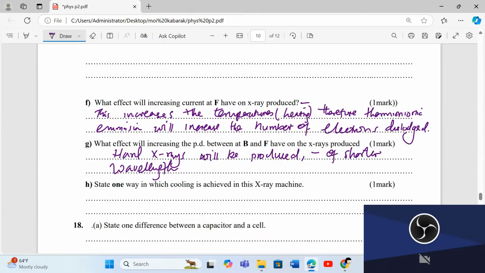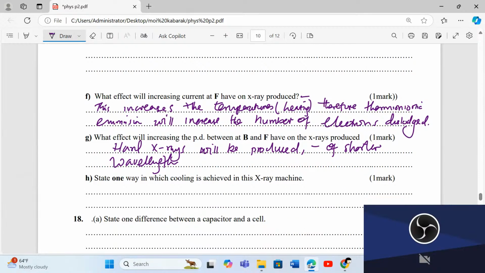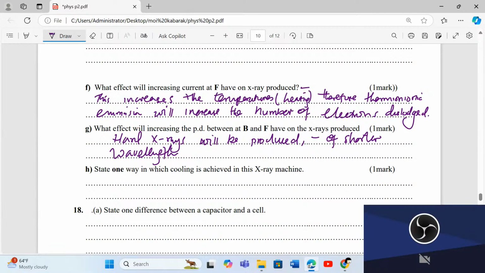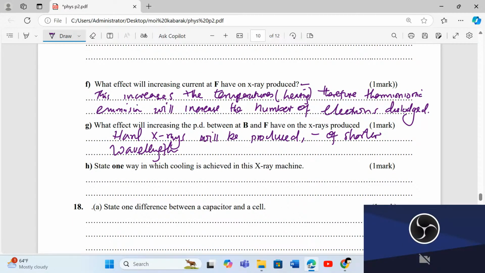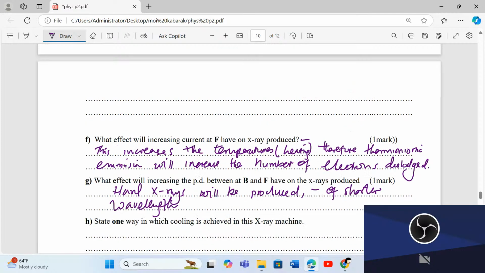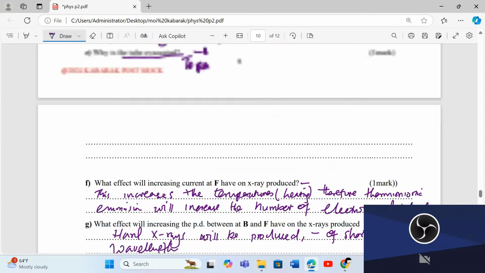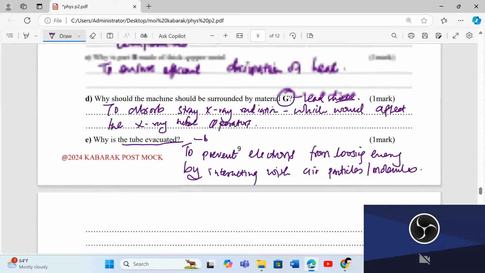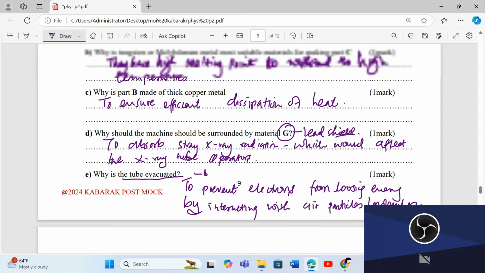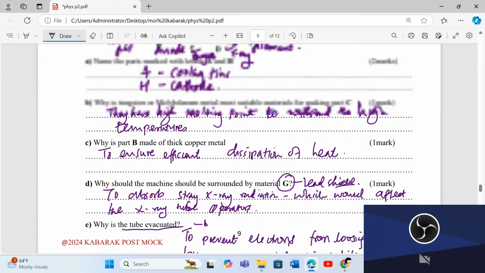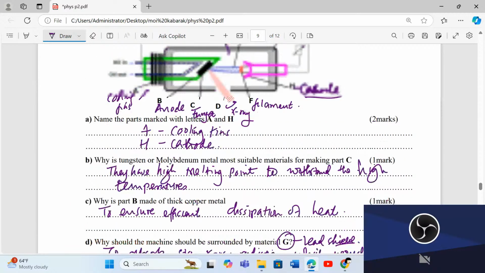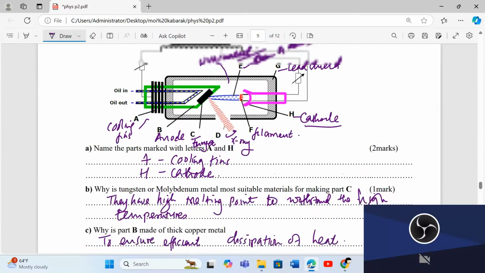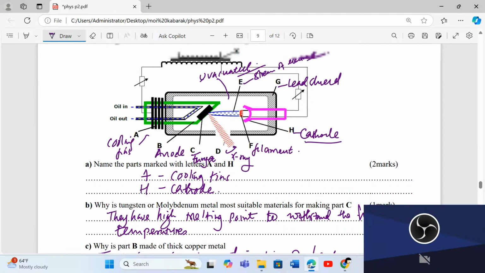State one way in which the cooling is achieved in the X-ray machine. We had already mentioned the cooling fins, and from the diagram we can also see a part where oil is getting in and leaving.